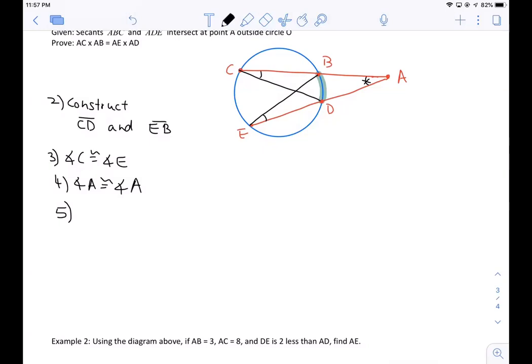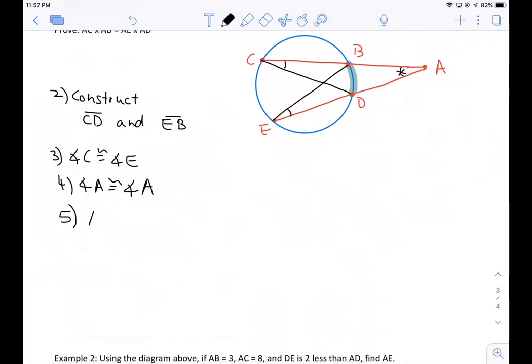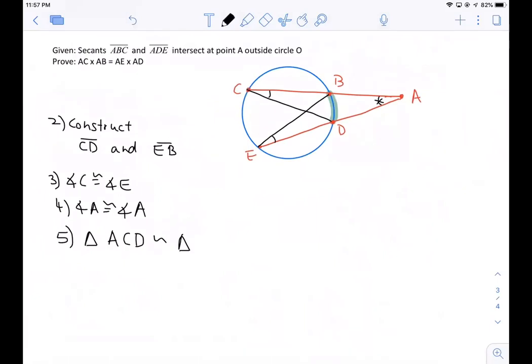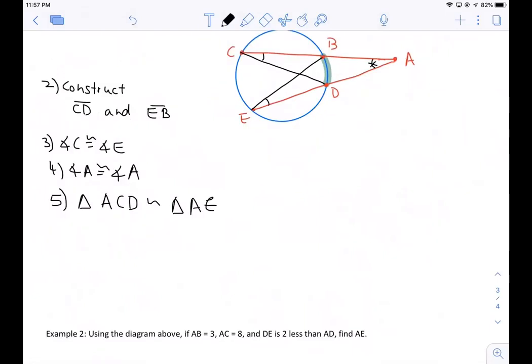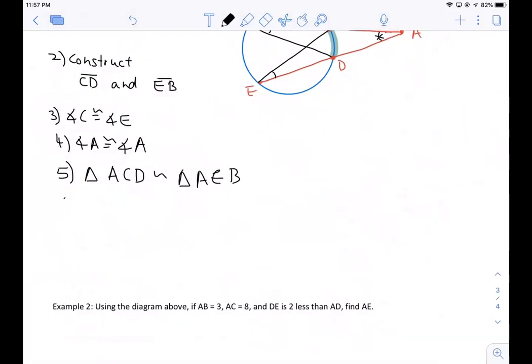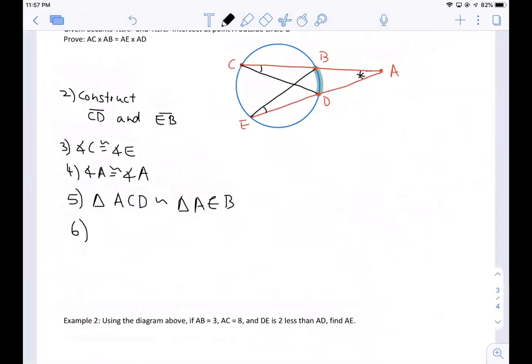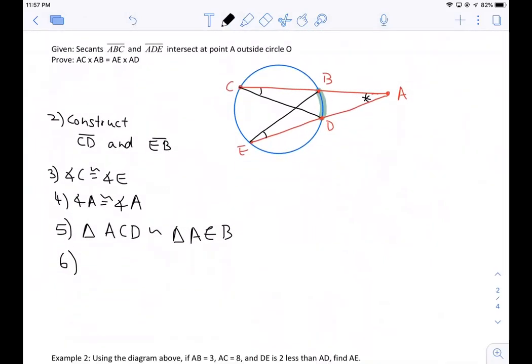So I guess I'll finish it up, but from here, it should be a piece of cake. Triangle ACD is now similar to triangle, let's just make sure we name this correctly, AEB. Angle, angle. Step 6, what's the proportion going to be?